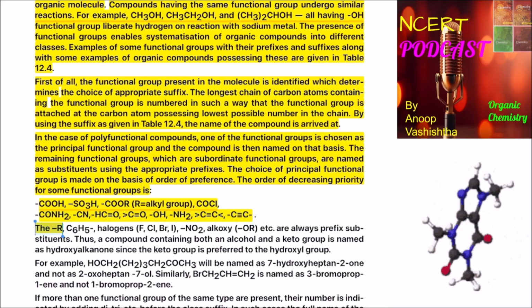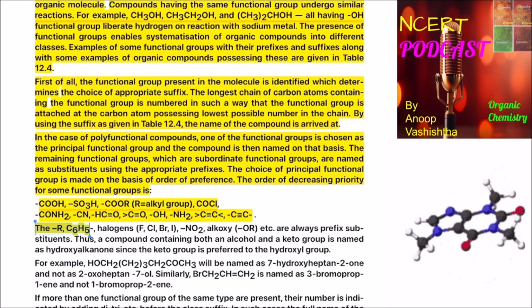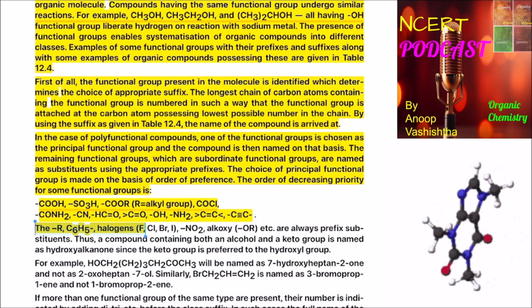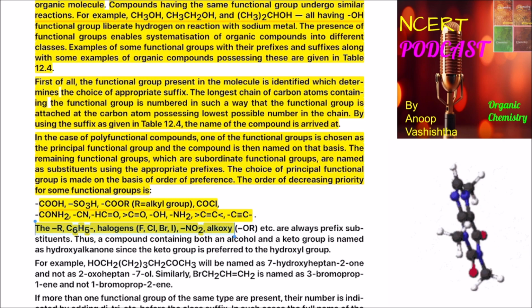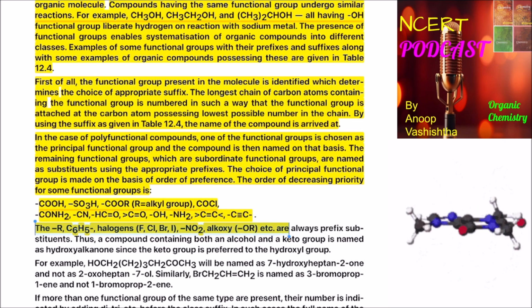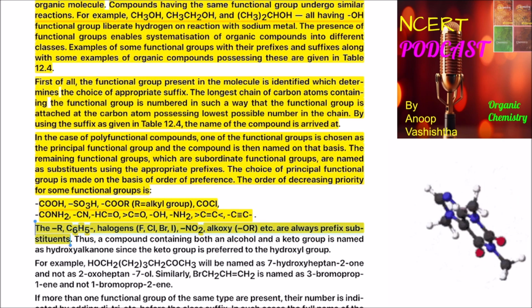The R, alkyl, C6H5, phenyl, halogens F, Cl, Br, I, NO2, nitro, alkoxy OR, etc. are always given prefix substituents.